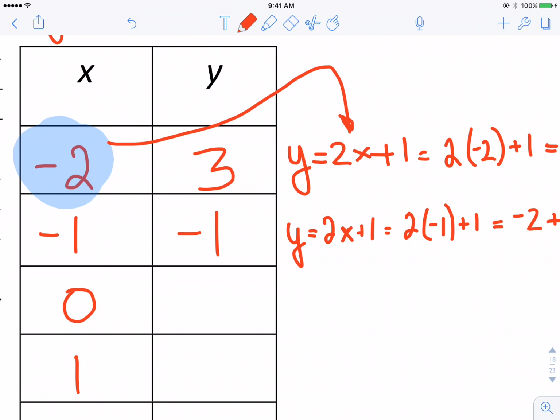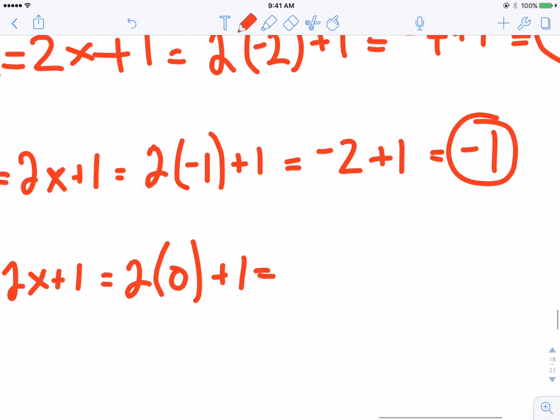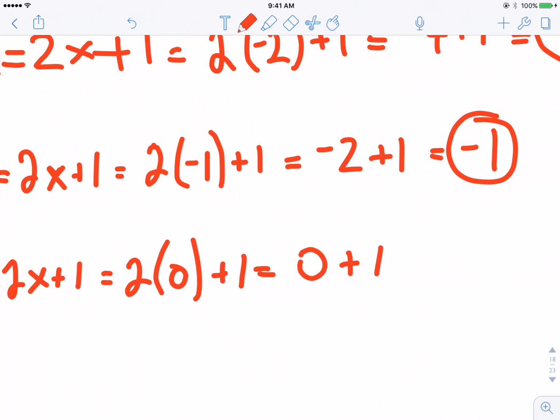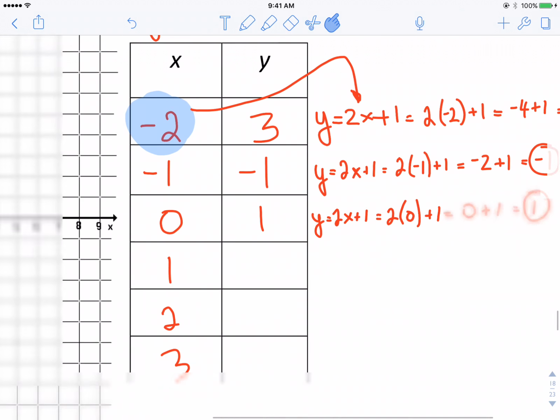And then I do that again for 0. y is equal to 2x plus 1 is equal to 2 times 0 plus 1, which is equal to 0 plus 1, which is equal to 1. So you get the idea that you substitute and calculate.